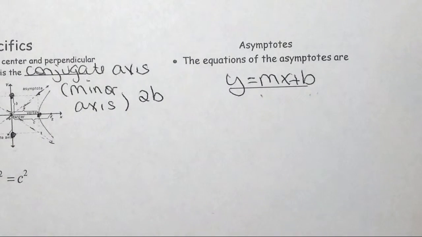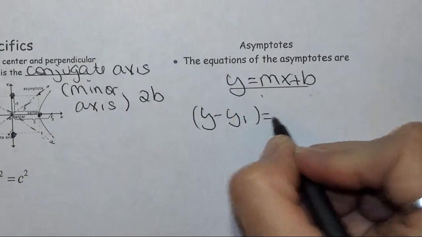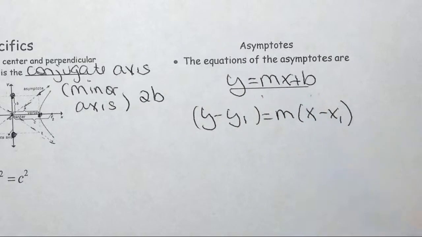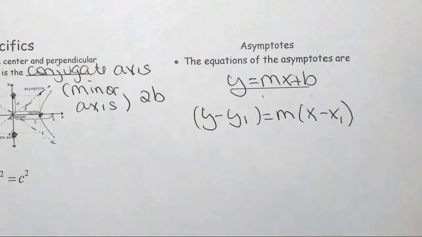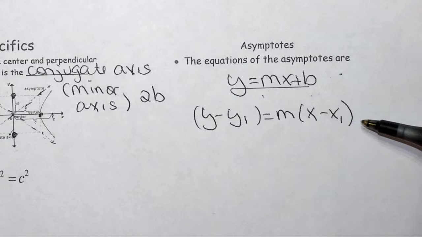If you don't know the y-intercept, then you're going to use your point slope formula that you learned in Algebra 1 and Algebra 2. You're going to use the one on top more often because you're going to usually be able to see the y-intercept. This one's down here just in case you can't find it, in case your graph's not big enough.